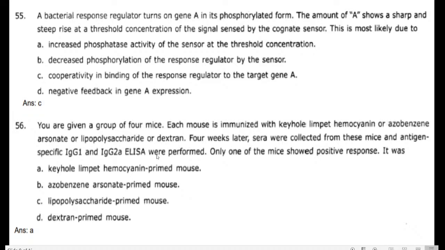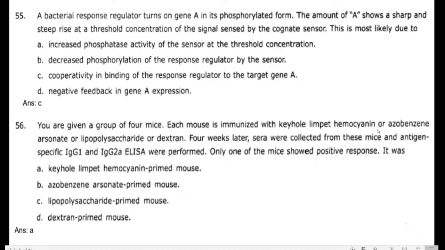Whenever you are doing the ELISA, the serum is added with the IgG antibody. This produces the IgG1 antibody and the IgG2a antibody. So there is binding between that antibody and this antigen, that makes a positive response. The result is a color change in the ELISA experiment. This is the reason only this mouse shows the effect.